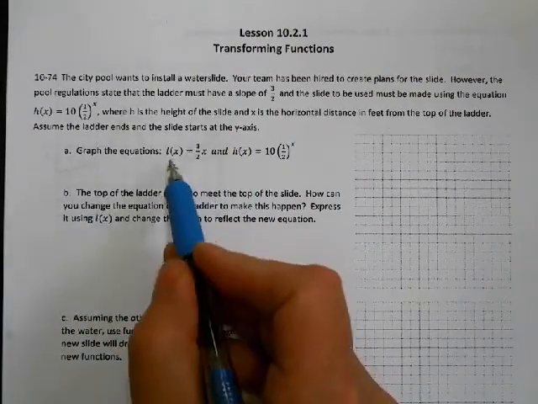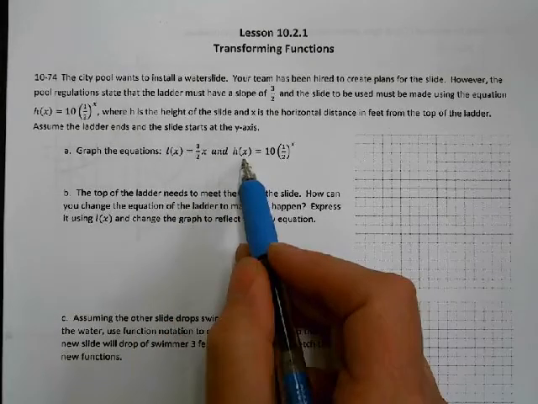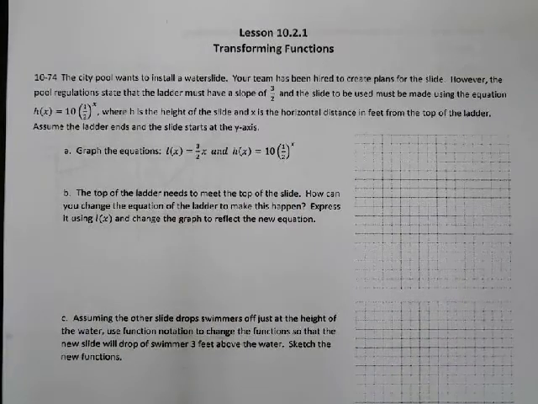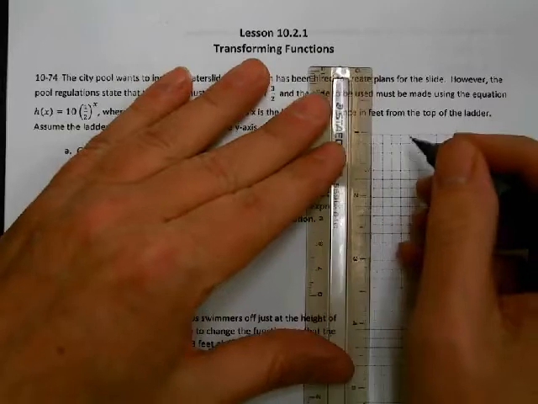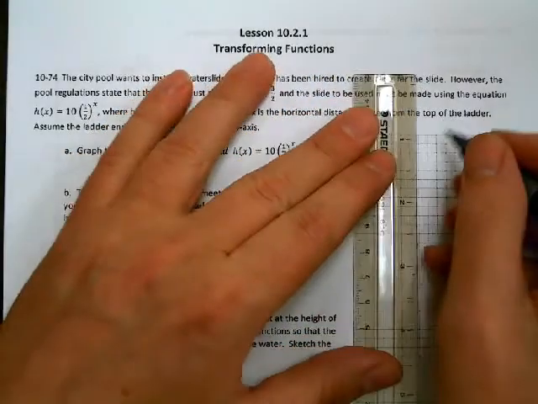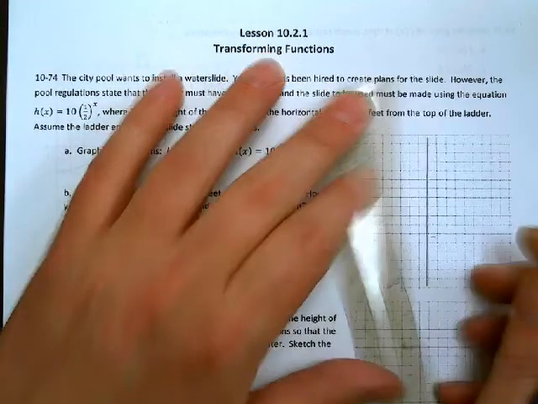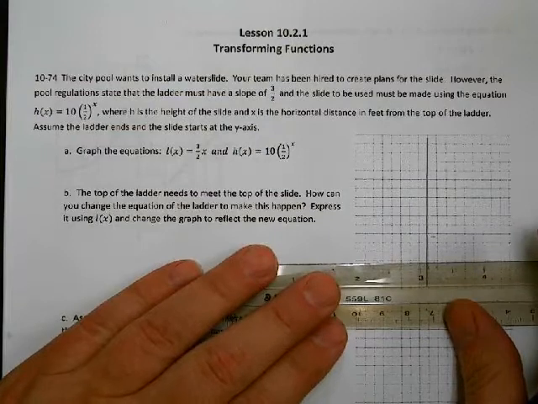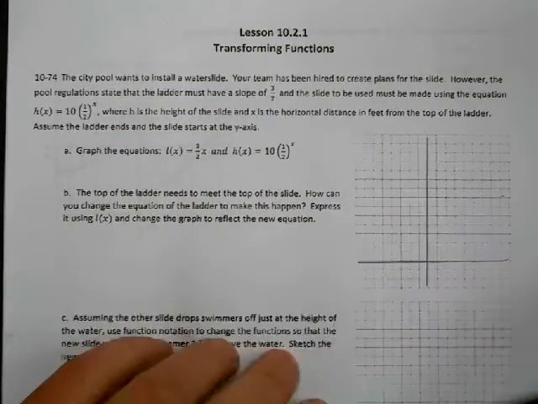Okay, so here's our ladder, L of x equals 3/2x, and here's our slide, h of x equals 10 times 1/2 to the x power. So let's make a quick graph here. There's my y-axis and x-axis.